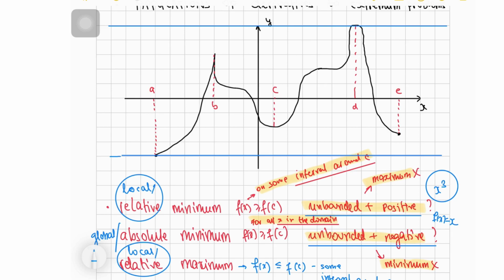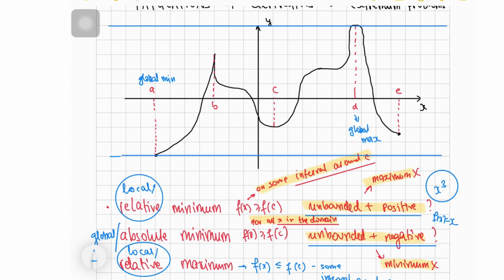And you can also see that D is the global max, whereas A is the global minimum. Why? Because on the whole domain those two values are dominating.